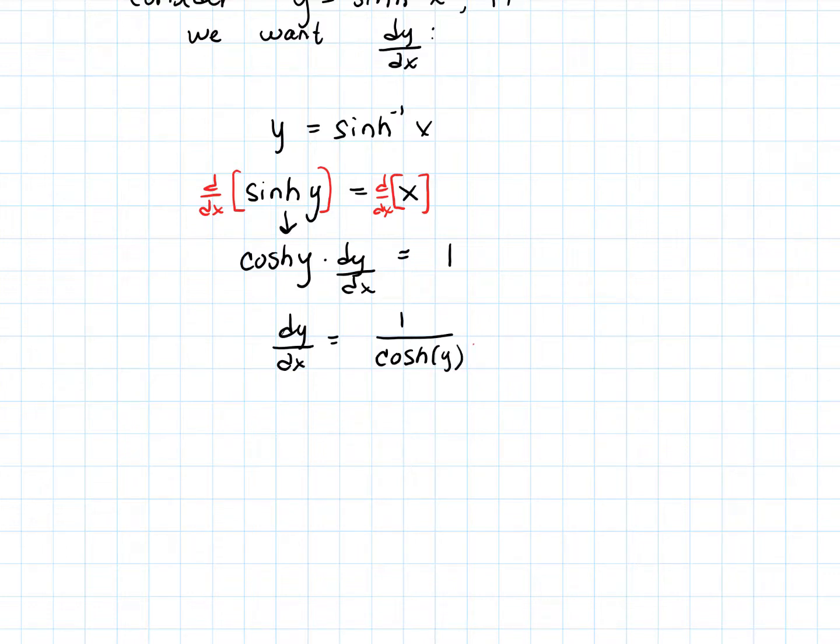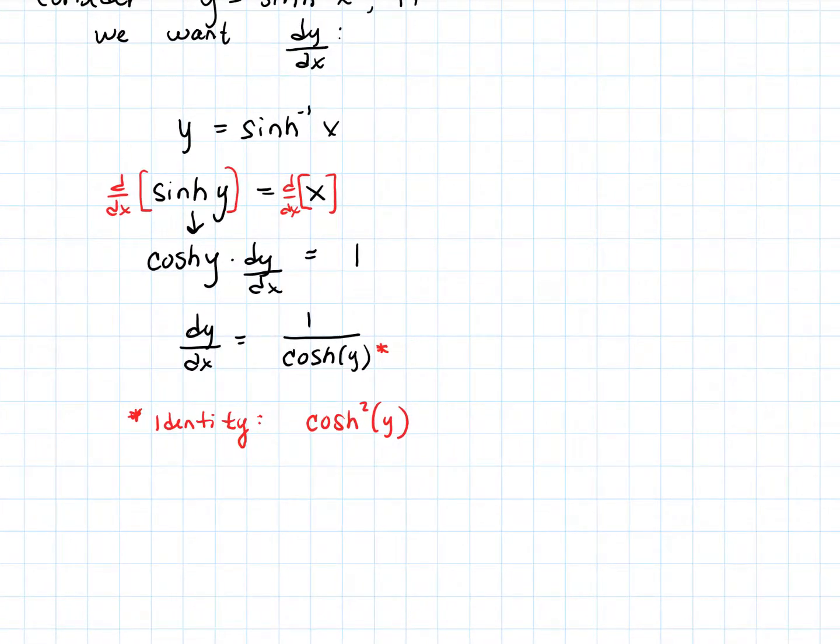But now we do know the identity that says the hyperbolic cosine squared of anything, so I'm going to say y, since we have y here, minus the hyperbolic sine squared of y is equal to 1.